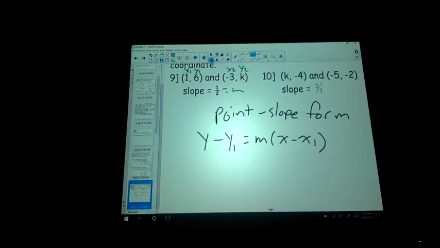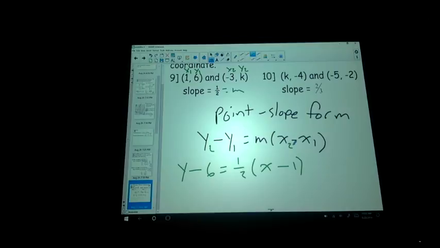All right, so y minus 6 equals 1/2 times x minus x1, which is 1. And I had a second point there. I need to have that. Let's put the 2's in here.